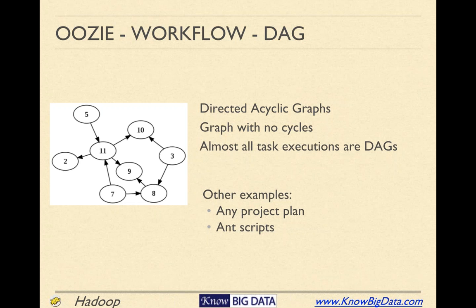Get ready includes many things such as wearing shoes, wearing shirt, wearing coat, and all of those things depend on you taking a bath. So if you draw the graph, or if you have a project plan, in the project plan as well, all the things that need to be done are a directed acyclic graph.